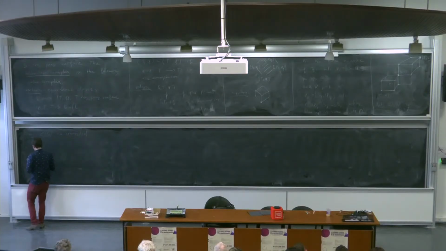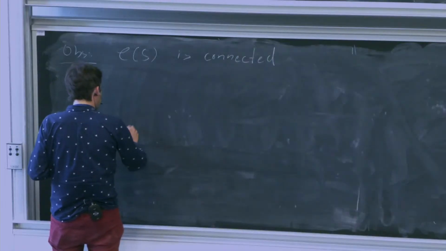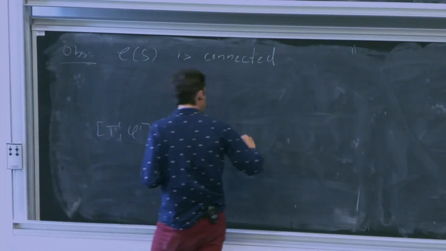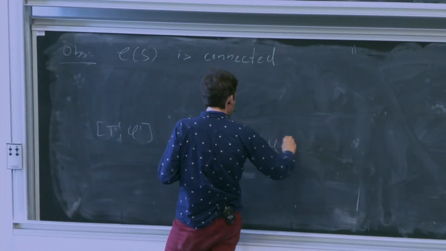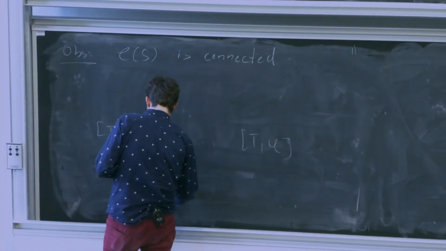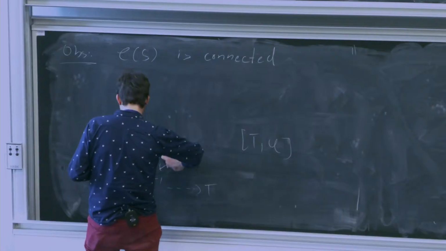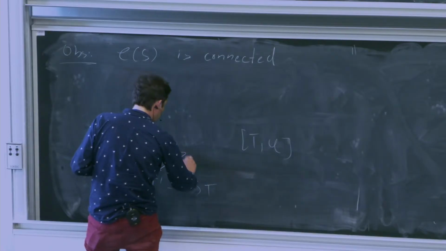So if we have here two marked surfaces, T prime, phi prime, and T, phi, we can look at the factorization from T prime. Here we have rho, here we have pi, here we have rho z.